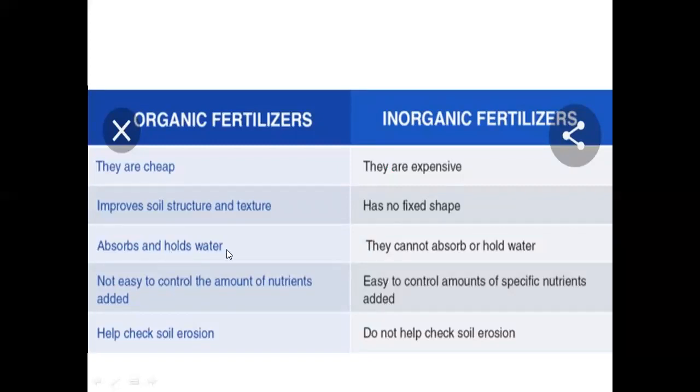Natural fertilizers absorb and hold water. Synthetic fertilizers cannot absorb or hold water. With natural fertilizers it is not easy to control the amount of nutrients added, while with synthetic fertilizers it is easy to control the amount of specific nutrients added. Natural fertilizers help check soil erosion. Synthetic fertilizers do not help check soil erosion. So natural fertilizers are better than synthetic fertilizers due to these important qualities.